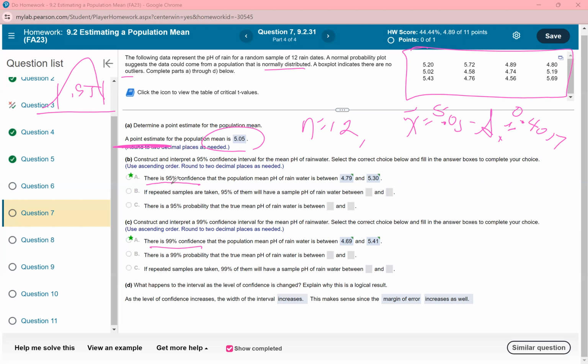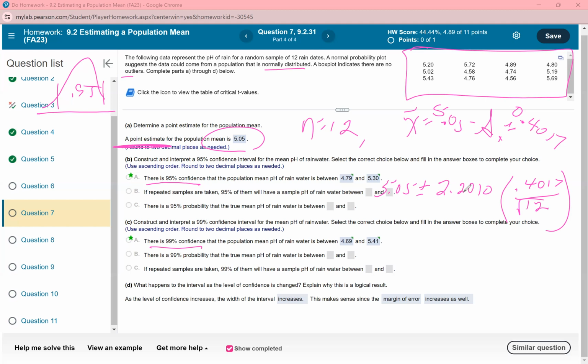The formula you'd put down on your test is your X bar, 5.05, plus or minus that inverse t, 2.20, times standard deviation 0.4017 over the square root of 12. My bad, I hope on the last one I did square root.